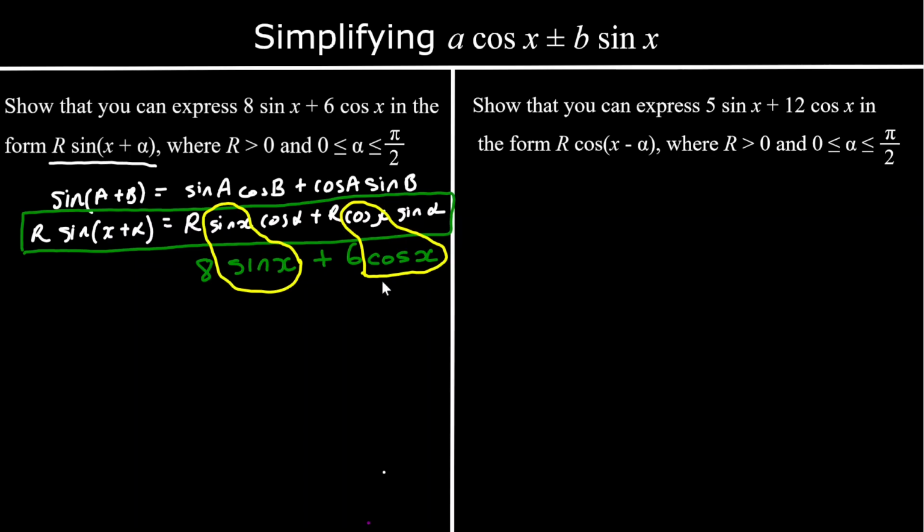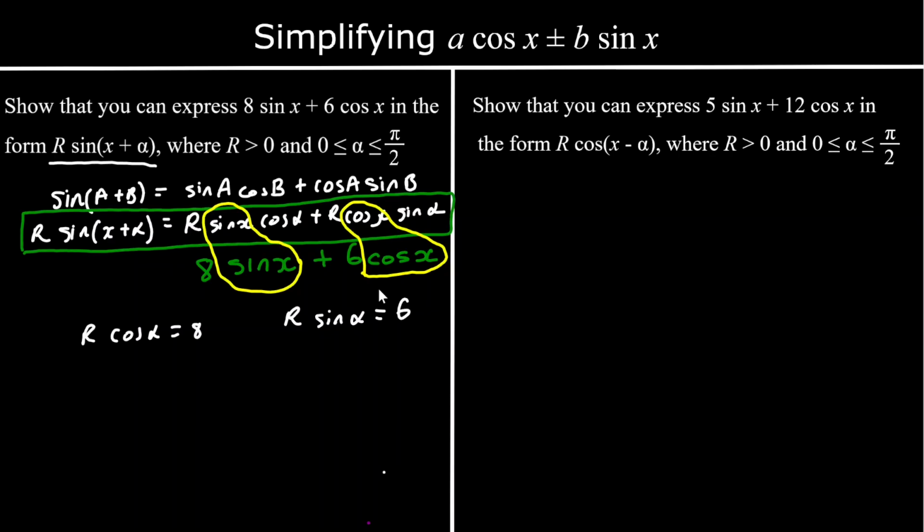So to make 8 sine x plus 6 cos x equal to r sine x plus alpha, r cos alpha is going to have to be equal to 8, and r sine alpha is going to have to be equal to 6. Now we need to solve these simultaneous equations, and we will have r and alpha.